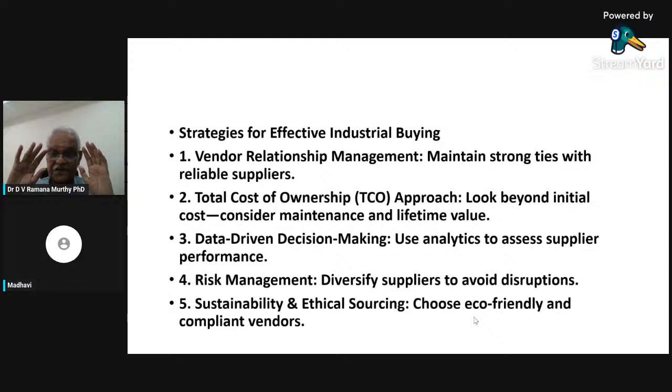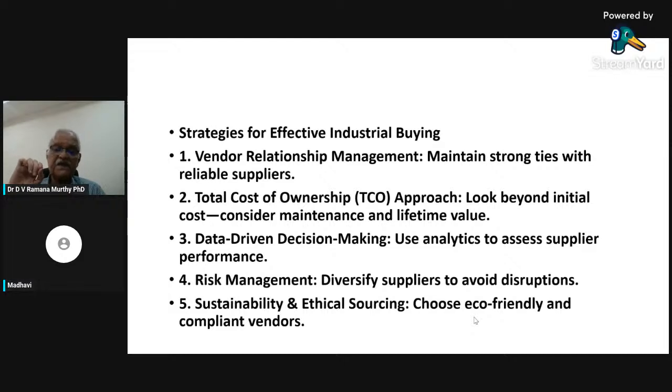Of course, that's again a matter to be considered. But at the same time, if you rely on only one supplier, what to do in case of a disruption? When there is a disruption, your manufacturing processes will derail. So if you want to take note of that, you need to diversify suppliers.